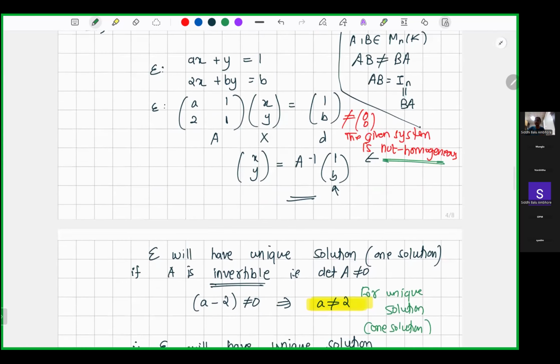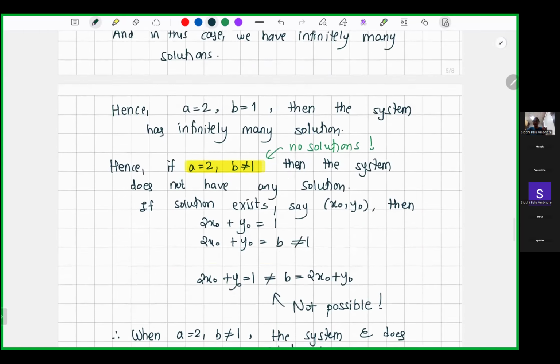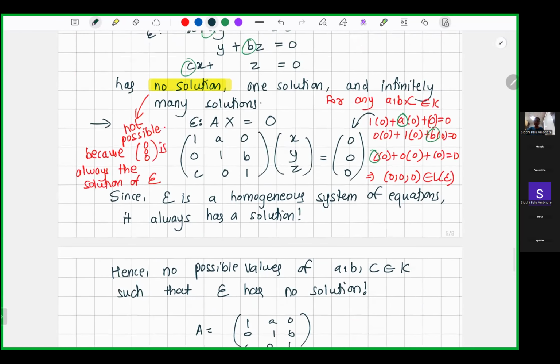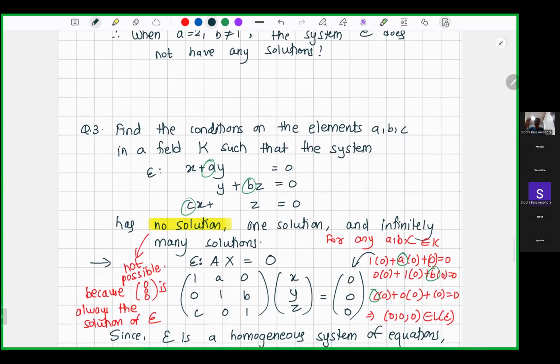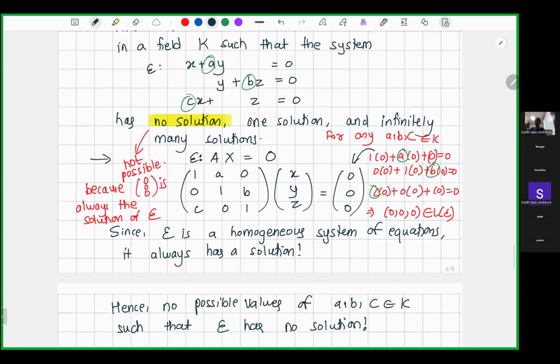So all three were possible because we were talking about a non-homogeneous system of equations. But when we have a homogeneous system of equations, 0, 0, 0 is always the solution. That's why, if at all we have to find such A, B, C in the question, such possibilities are possible only in these two cases. Let me just box them.